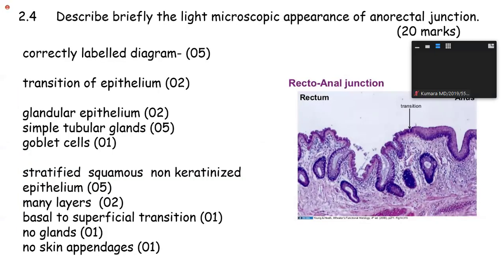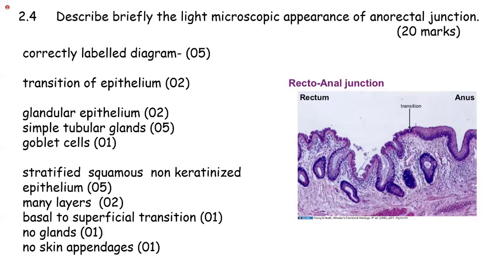Right. Then: describe briefly the light microscopic appearance of the rectoanal or anorectal junction. Here you have to draw the diagram and write a brief description as well. So in histology questions, a diagram carries marks.